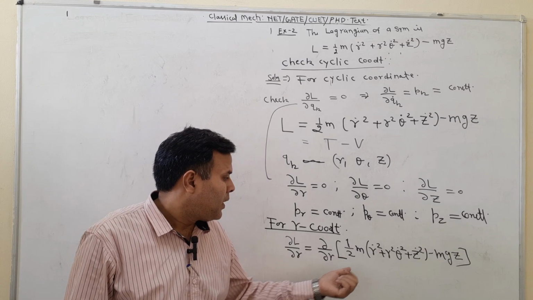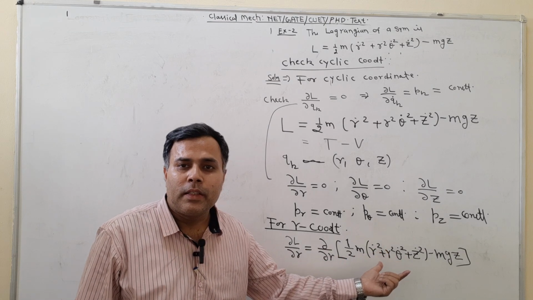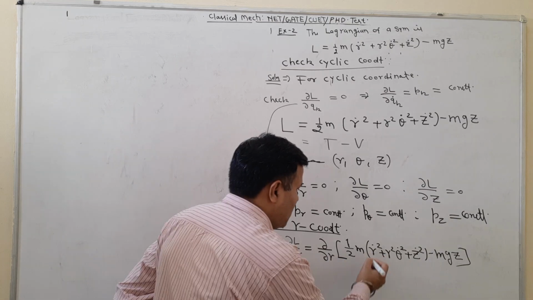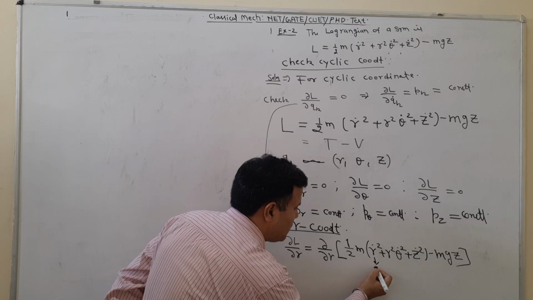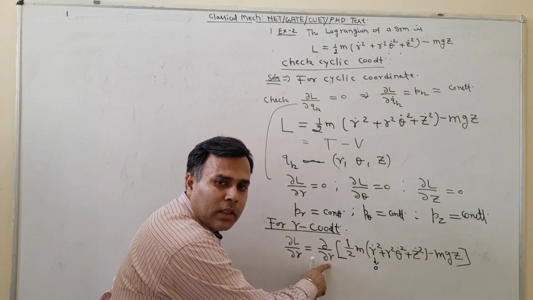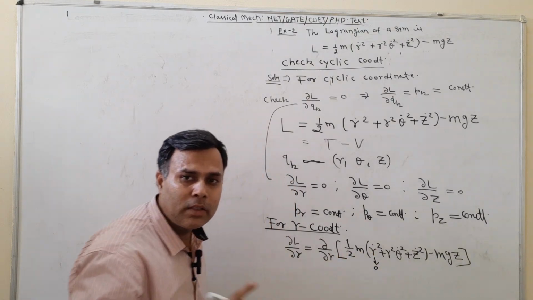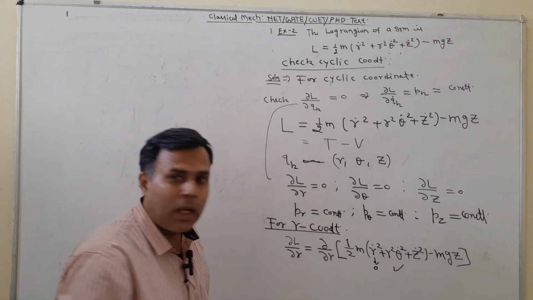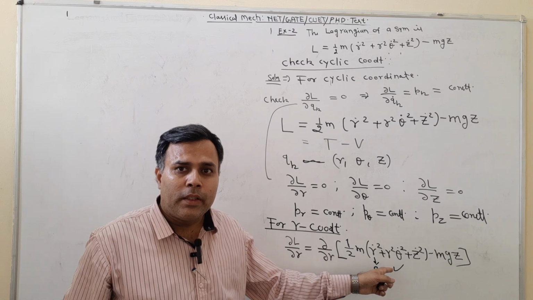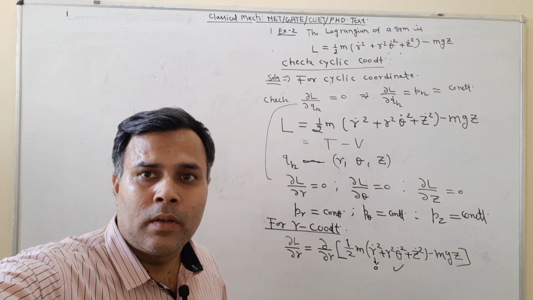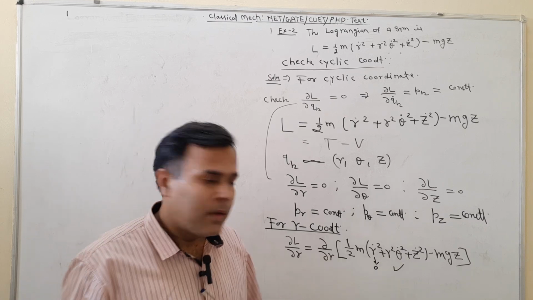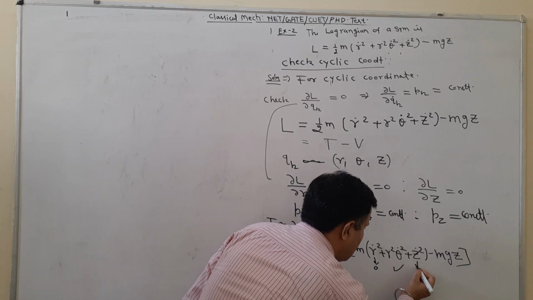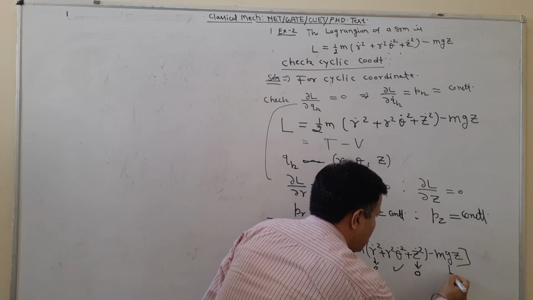If we differentiate partially with respect to r, we treat the rest of the variables as constants, and the differentiation of a constant is 0. The r dot term, differentiated with respect to r, will give 0. The r square term will give something, since it has a profile in r. The z dot term will again give 0, and the mgz term will give something.